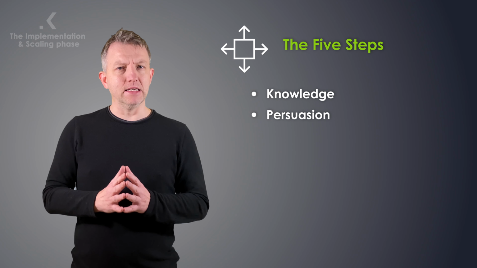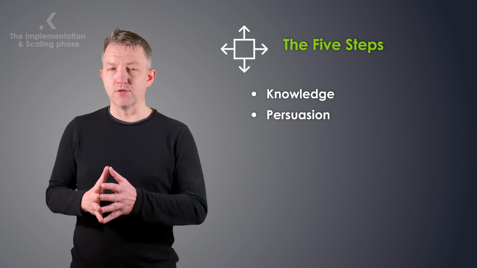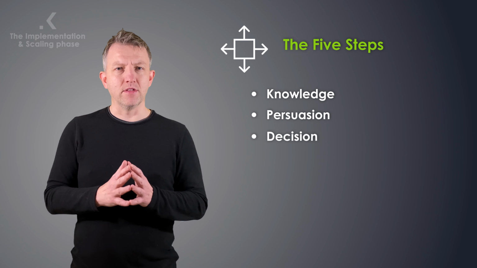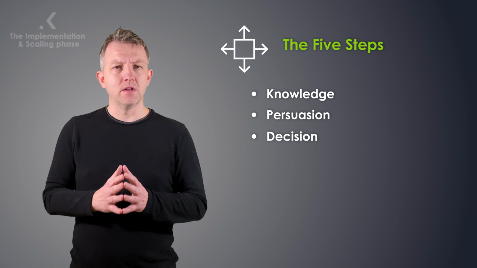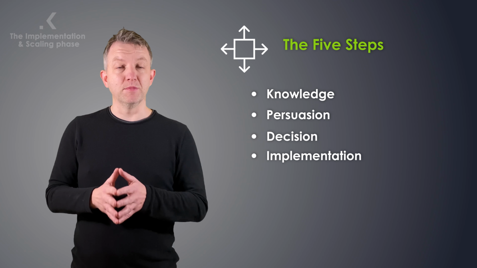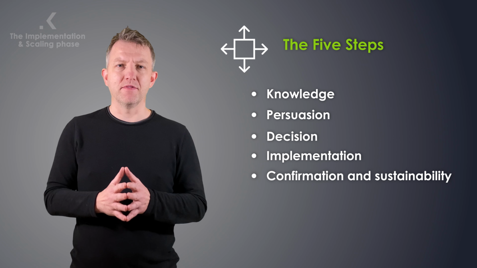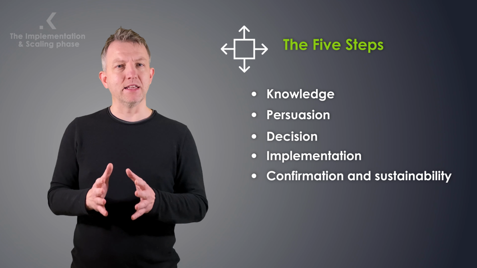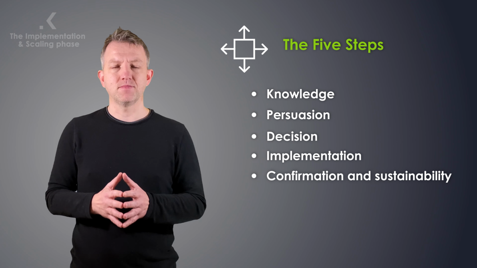Help them see that the solution is of interest and can deliver important value. Give them what they need to decide to use your solution. Help them implement the solution so that it delivers on its promise, and secure the long-term impact by facilitating adjustments and integration into relevant systems and contexts.